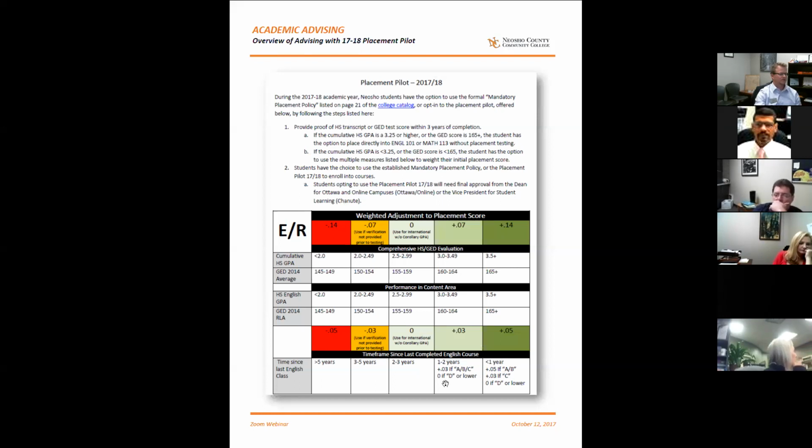Also important to notice is that students who more recently completed a course are not given a positive adjustment if that performance was poor. So you don't get a positive 5% even if you failed your class within the last year. So it's adjusted there as well.